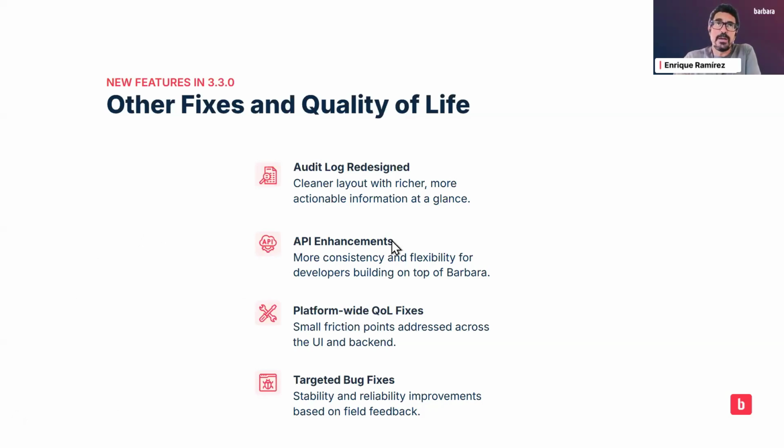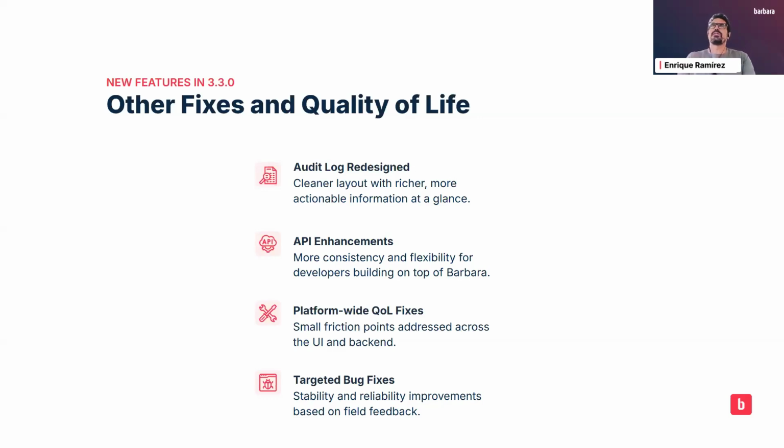We have done a lot of API enhancements, okay, because we wanted our users that work with the API to have their life be easier. So we have done some improvements in the way of working with the API, especially for developers. Well, we have different fixes for improving the quality of life of our users, and basically we have also targeted some bug fixes.